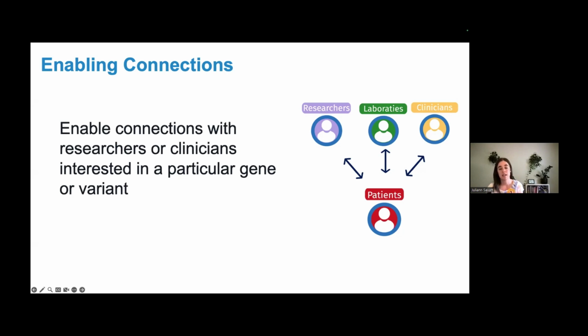So for instance, if a researcher contacts us and says, I'm writing a paper on gene XYZ, we can reach out to participants with variants in that gene to see if they'd be interested in being a part of that study. We never give out participants' contact information without their permission. So the ball always comes back into our participants' court. We'll let them know about opportunities should they wish to connect with others, but it is ultimately their decision to do so or not.